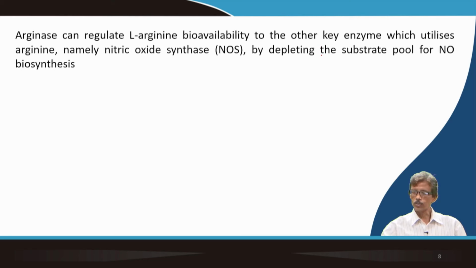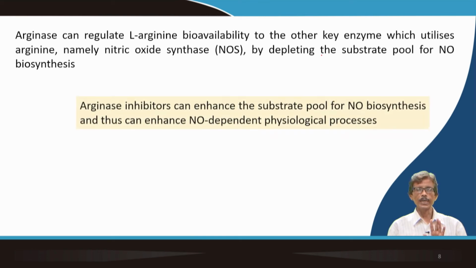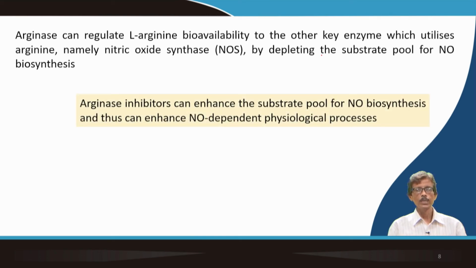In this particular case you can also have an effect on the bioavailability of other key enzymes like NOS. If the substrate is depleting in the pool, NO biosynthesis will be hampered. So, there will be a competition between arginase and NOS. That competition can depend on how active your arginase is, or, from a medicinal point of view, if you think about inhibitors.